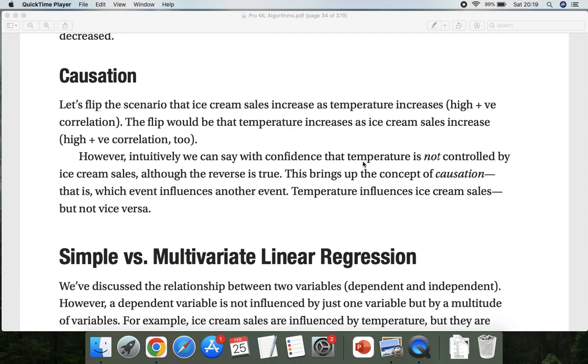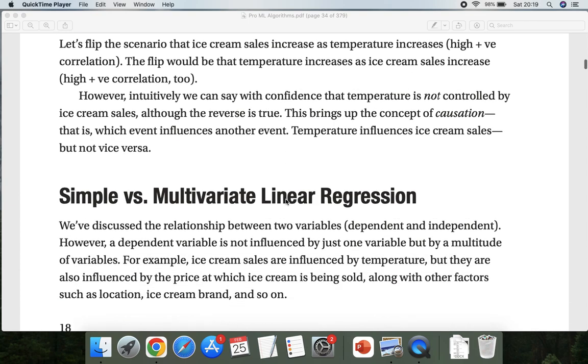But is that second statement true? The answer is no, because temperature is not controlled by ice cream sales in any way in nature. Temperature is a completely independent variable and does not depend on any other factor, particularly ice cream sales. So causation, what is causing what, is very important here.